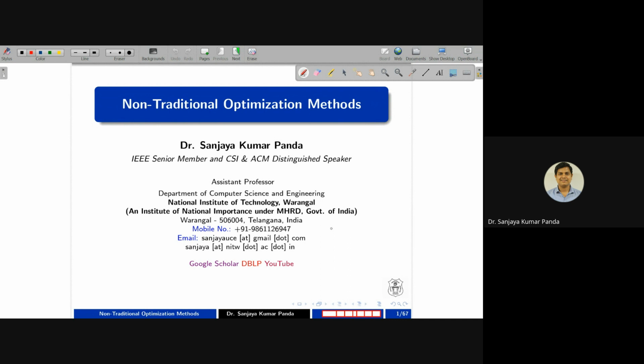We have also requested various faculty members from outside NIT Warangal to deliver lectures in this program.